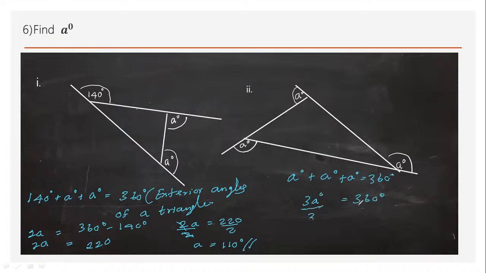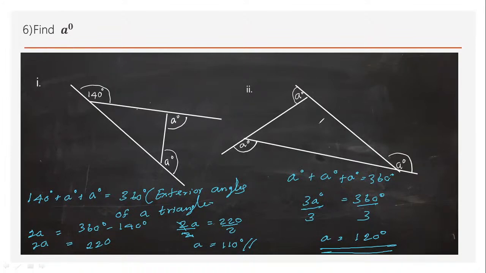Both sides divide by 3. A equals 120. Exterior angles of a triangle: you know interior angles of a triangle add up to 180, and exterior angles of a triangle add up to 360.